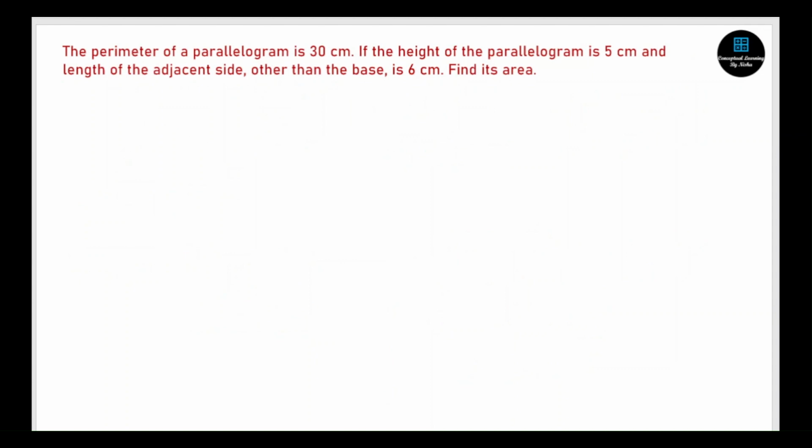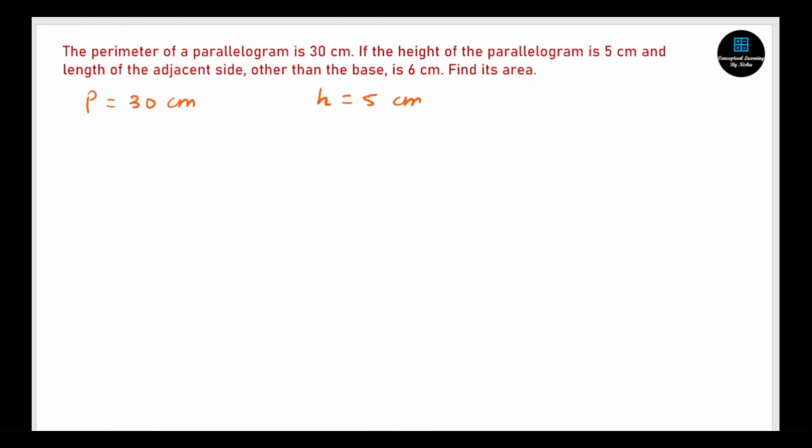Now a very interesting question. The perimeter of a parallelogram is 30 centimeter. The height of the parallelogram is 5 centimeter, and the length of the adjacent side other than the base is 6 centimeter. Find the area. First, let's write down: perimeter is 30 centimeter, height is 5 centimeter.